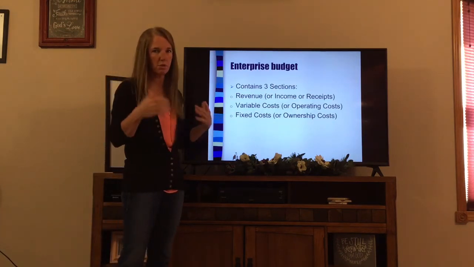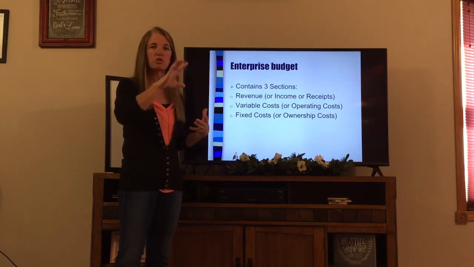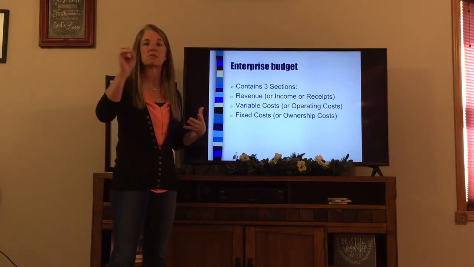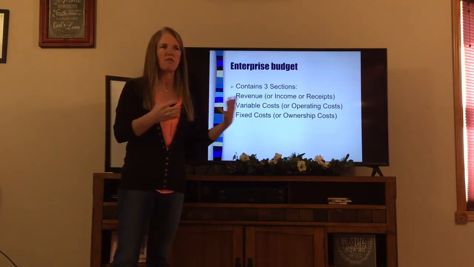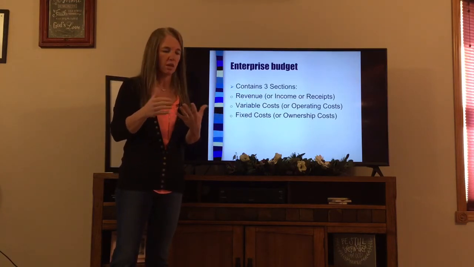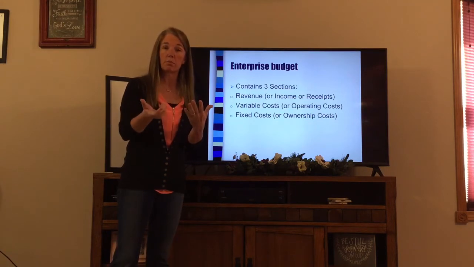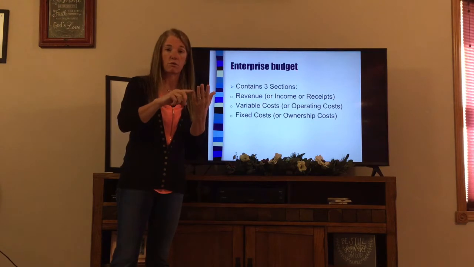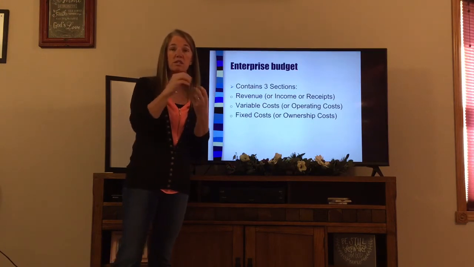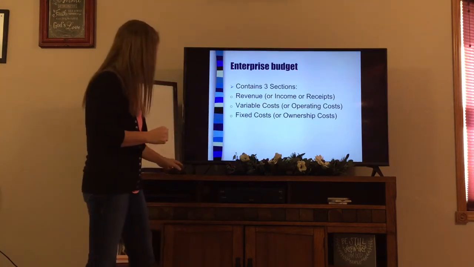So fixed costs will be those primary depreciation, interest, rent, land value, taxes, and insurance types of costs. And then our variable costs are, of course, everything else it takes us to produce things. When we're talking about crop enterprises, it's things like our seed and our chemicals and our fuel and our fertilizers, and all of those different inputs it takes to produce the products.